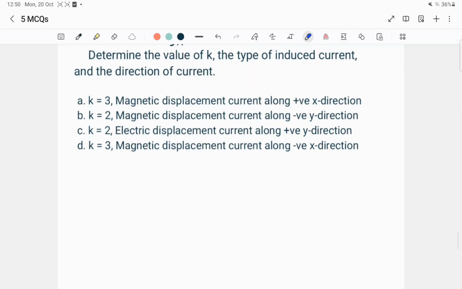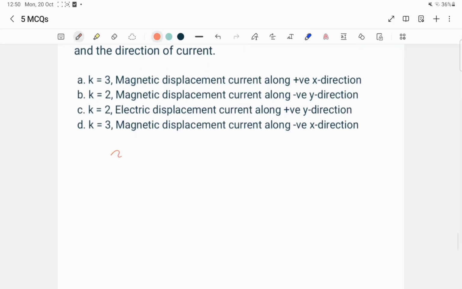In this question, you know that del cross E is equal to minus delta B over delta T plus Mi, which is equal to minus Mt. So this is the total magnetic current, and Mi is the source magnetic current.